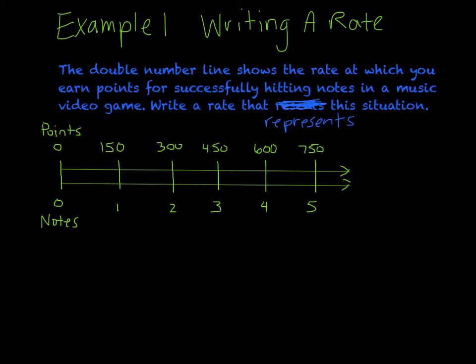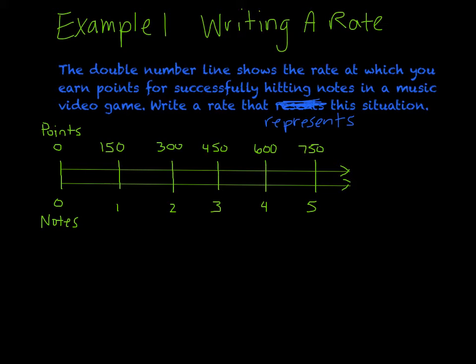Okay, so you get a double number line like this, and basically what they're telling us is that the top part of it is the points that we get. The bottom part of it is our notes. So if you hit 5 notes, you get 750 points. If you hit 1 note, you get 150 points. You hit 3 notes, you get 450, and so on.